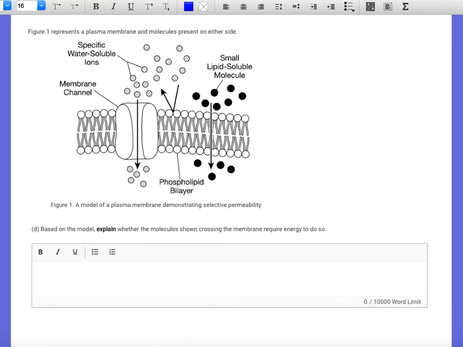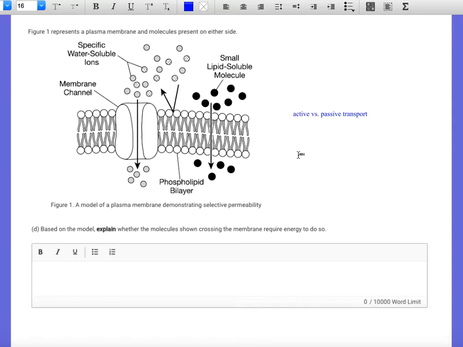At the end: based on the model, explain whether the molecules shown crossing the membrane require energy to do so. This is like the first question in this unit, a question about active versus passive transport.